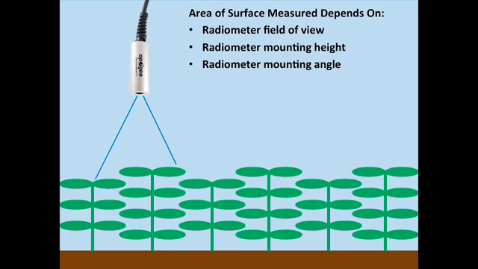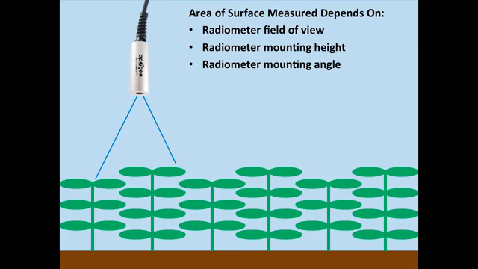If the radiometer is oriented perpendicular to the surface, then it's going to view or sense a circle. If the radiometer is close to the surface, it will be a small circle, and if the radiometer is moved further from the surface, it will be a larger circle. If you start angling it away from perpendicular, it will view an ellipse.